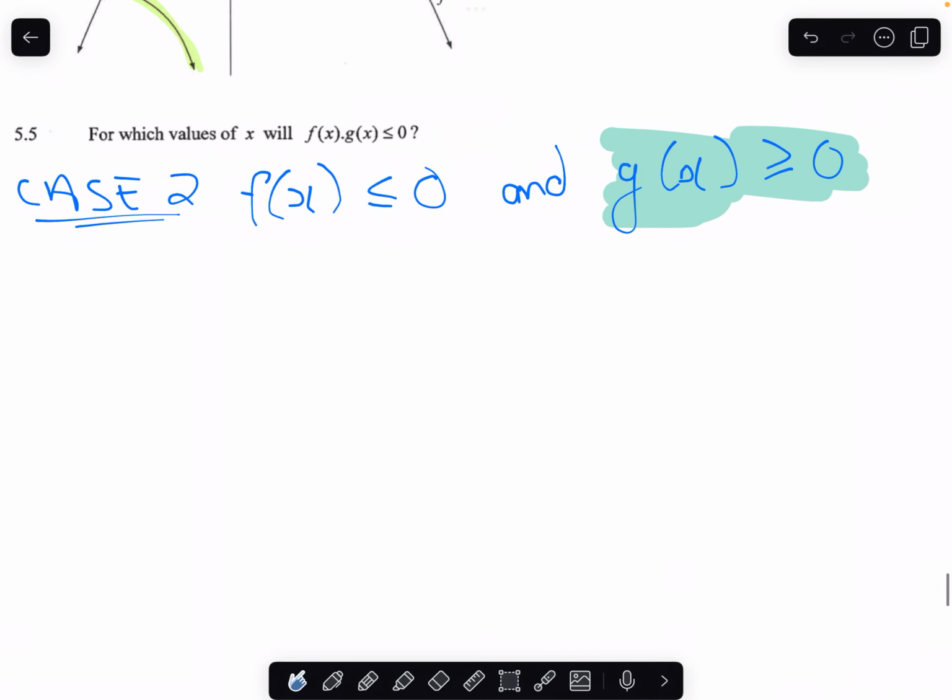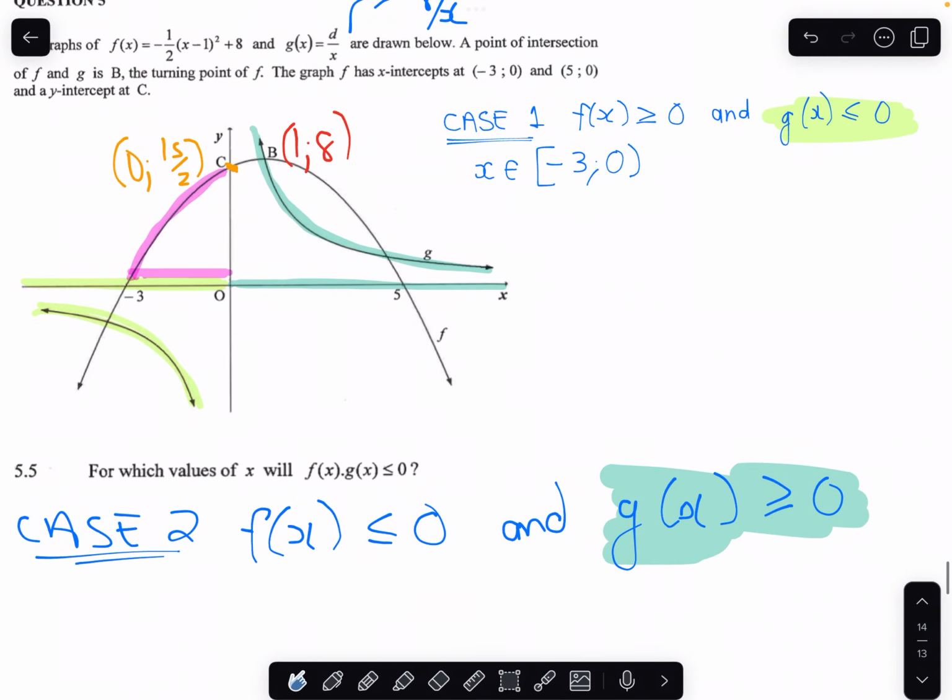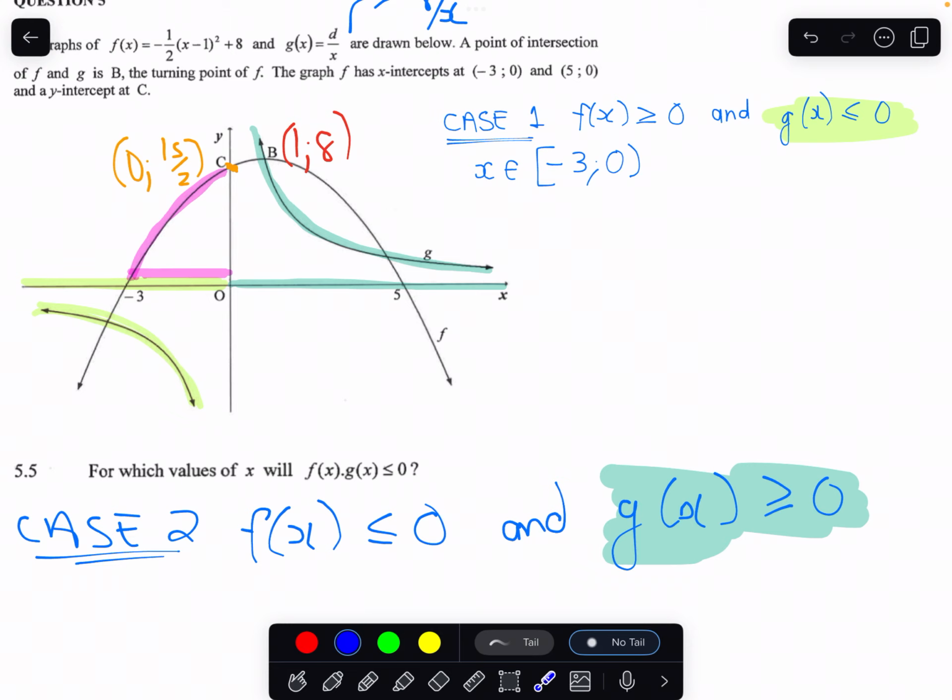Right, okay, so the next case is the case where g of x is greater than or equal to 0, and in fact it can't be equal to 0 because this is an asymptote. y is never equal to 0 for this function. It's not erroneous, it's just that g of x can't be equal to 0.